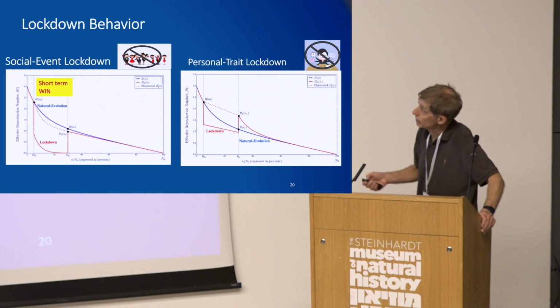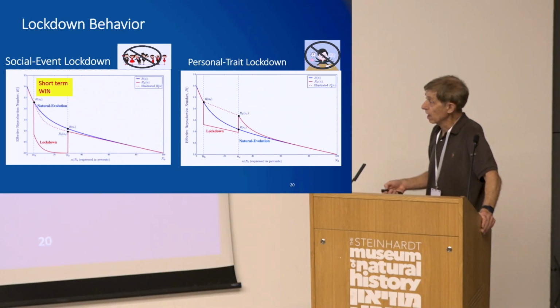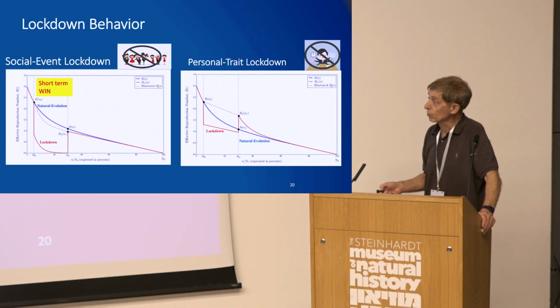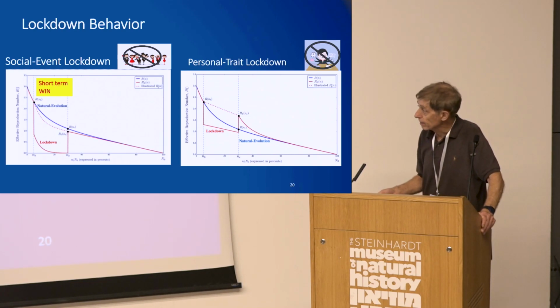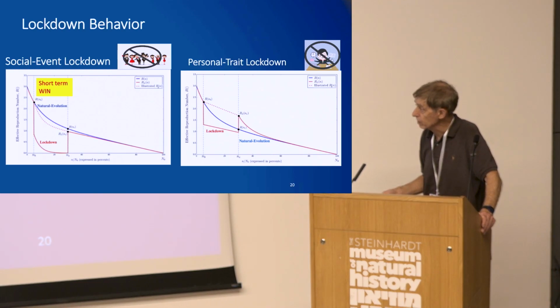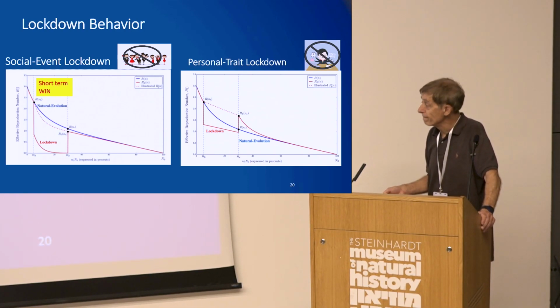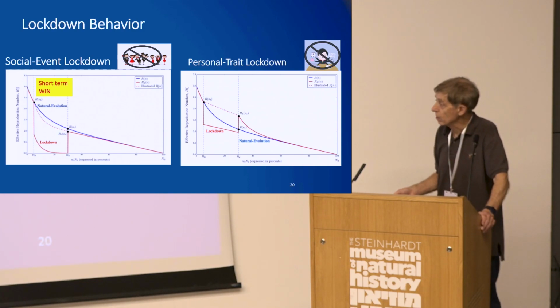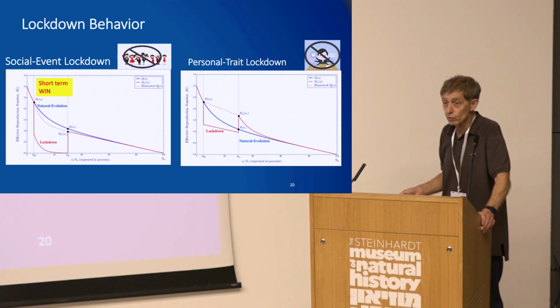Here is what we did in some simulation or analysis. Here you can see a lockdown on social events. The blue curve shows what happens without lockdown, and the red curve shows what happens with a lockdown. During the lockdown, there is a big drop in R. But as you come back from the lockdown, things are still good.